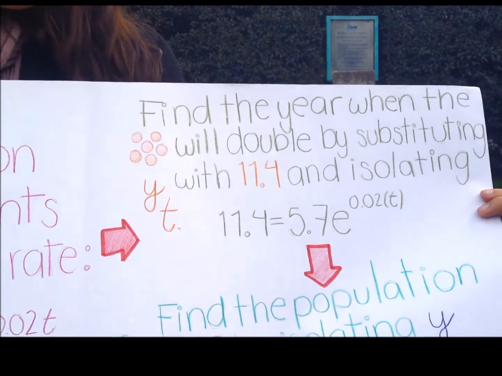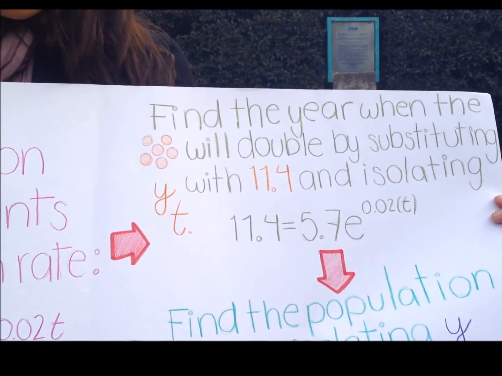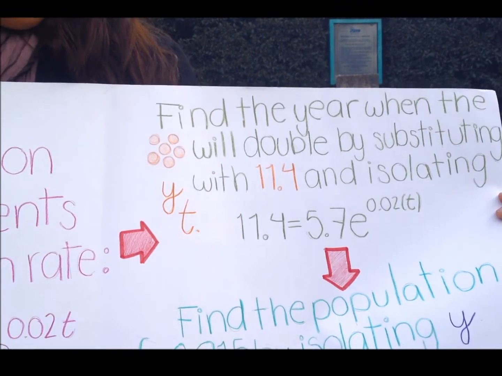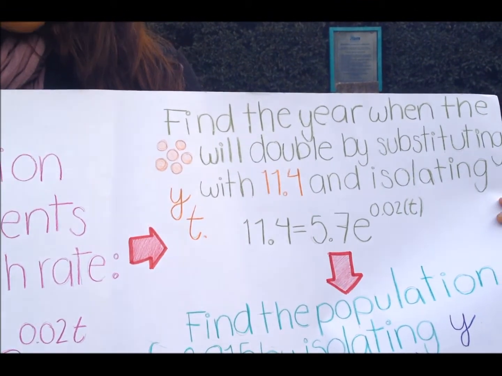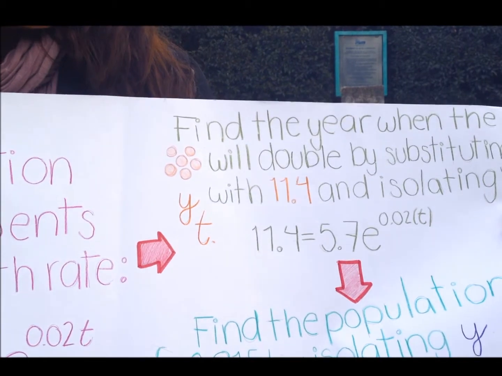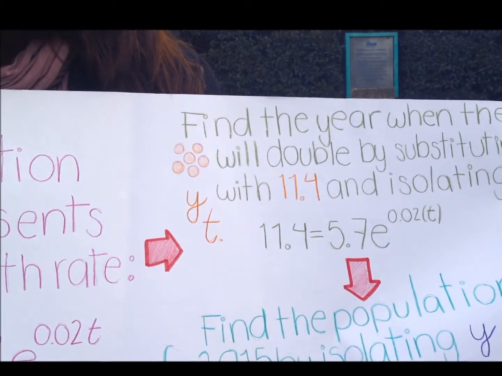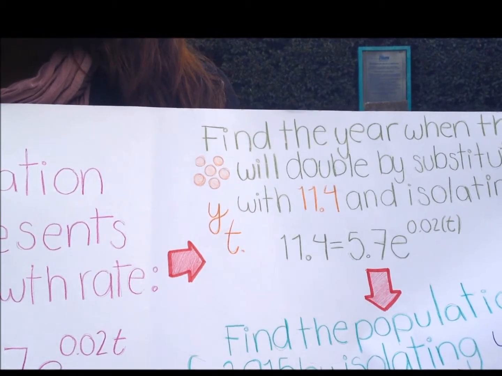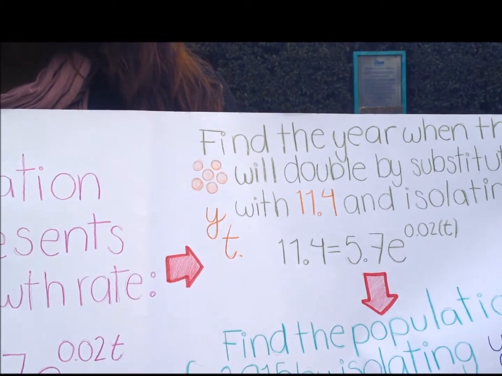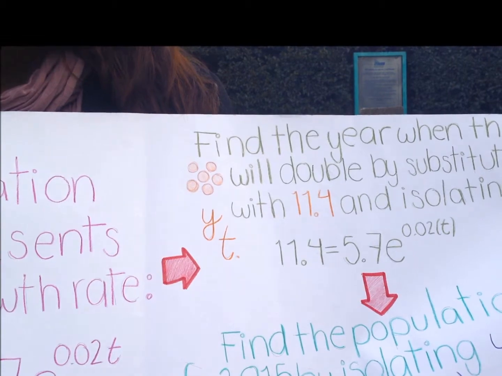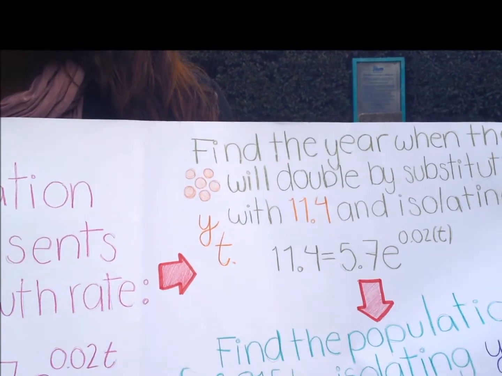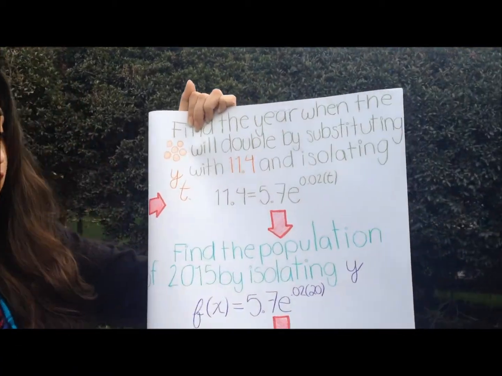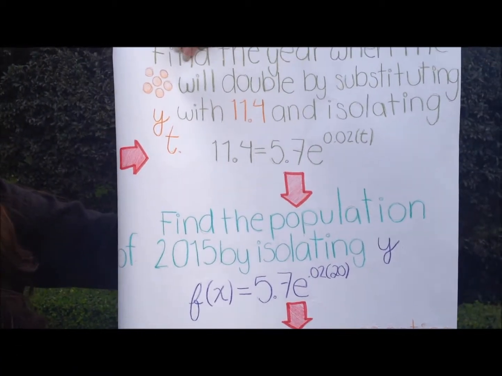To do this, we're going to substitute y with 11.4, and we're going to isolate t. So here is our formula that says that 11.4 is equal to e elevated to 0.02 times t, all of this multiplied by 5.7.